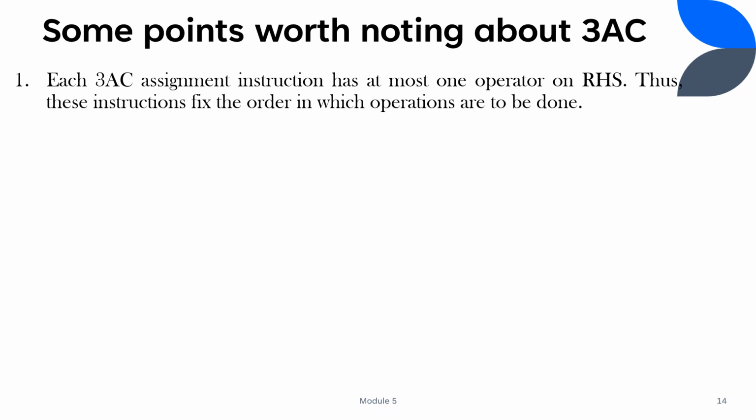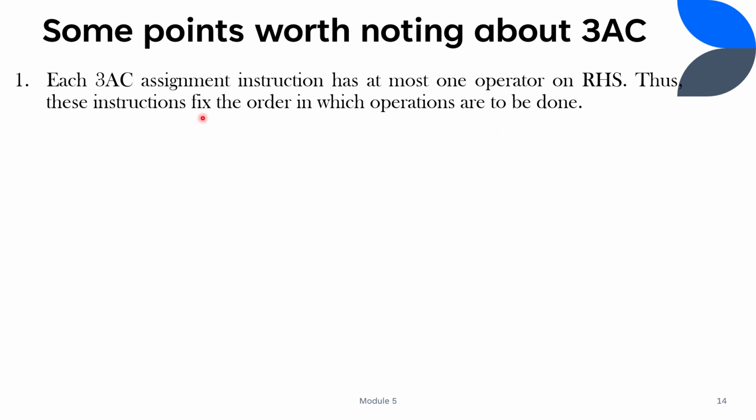But in the remaining, the operator count is at most 1. So when we are writing a 3-address code, we have to make sure that the operators on the RHS will be either 1 or less than 1, that is 0.